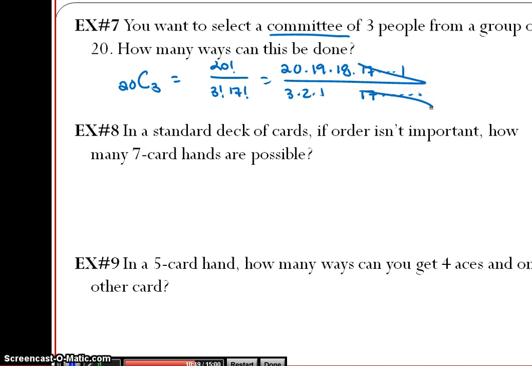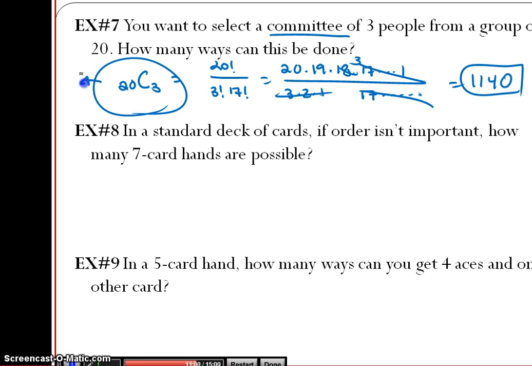Those cancel. 6 goes into 18 3 times. So then you have 20 times 19 times 3, which is 1140. You could, of course, take this, plug it into your calculator, as I showed you on the previous slide, and get this number out. And you would have your calculator for a problem like this.